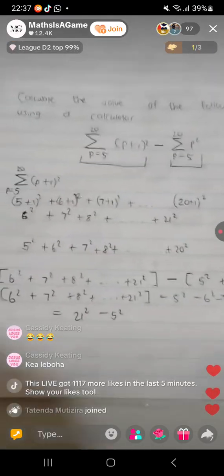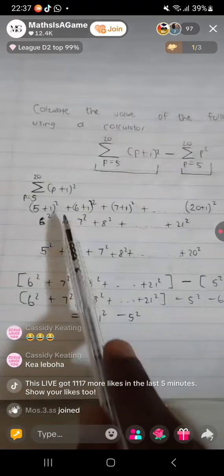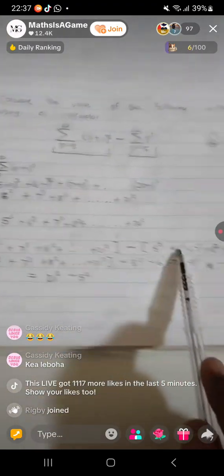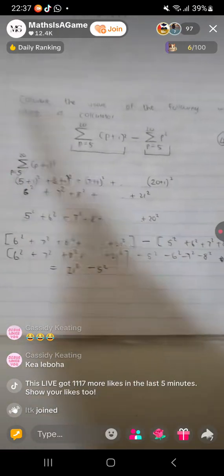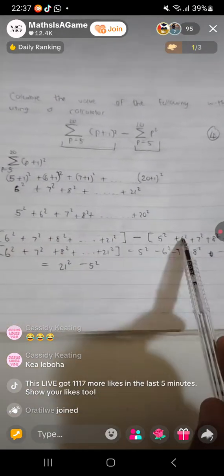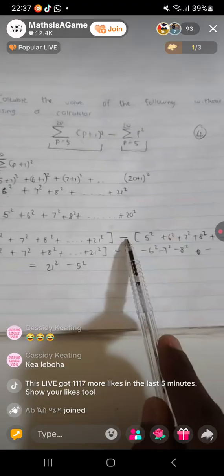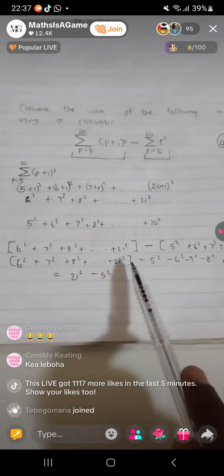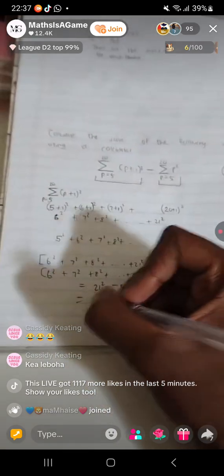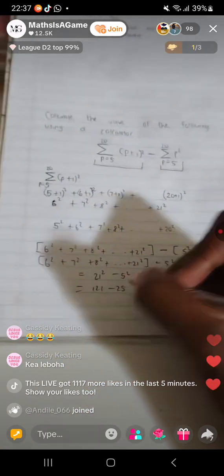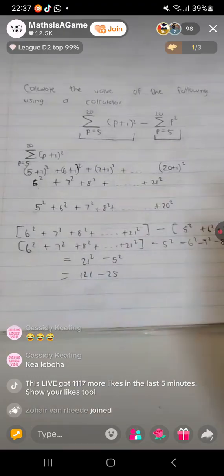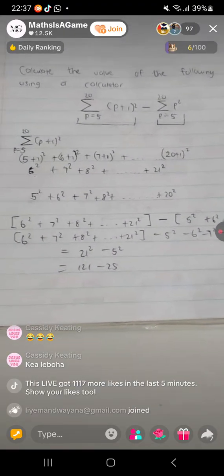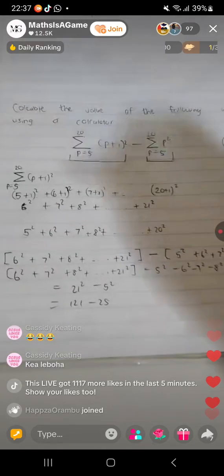So here, as I said, it is designed in such a way that you can write out the terms and then subtract the prevailing terms that repeat themselves, because of the subtraction sign. Remember, the subtraction sign is distributed to all terms there, then we can subtract and write what remains. So that's 121, guys, minus 25, which you should be able to give the answer to very easily without necessarily using the calculator from the onset.